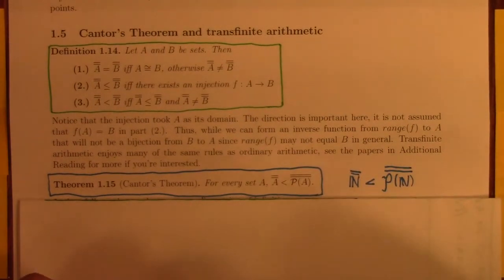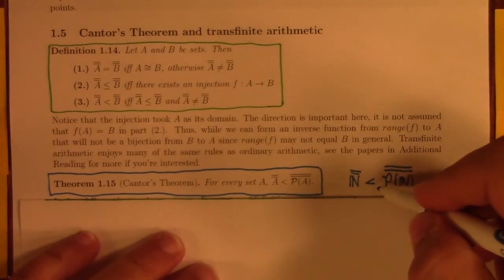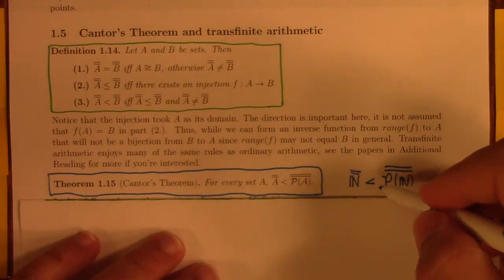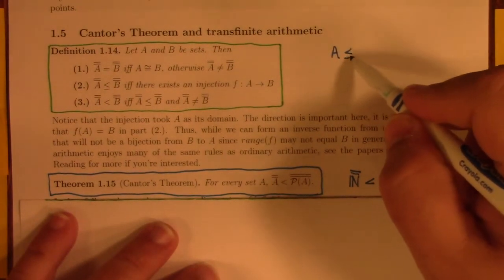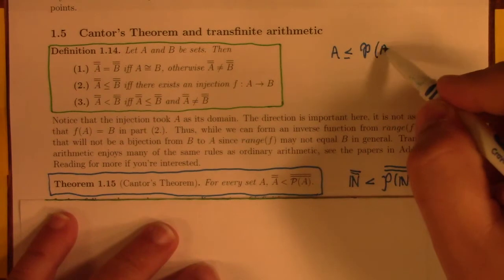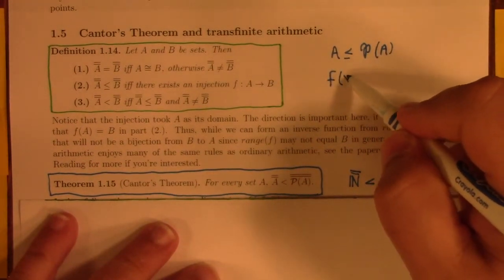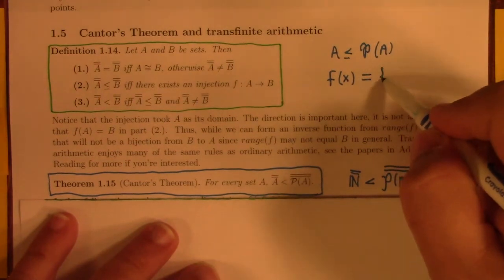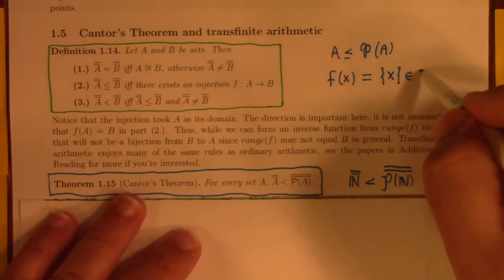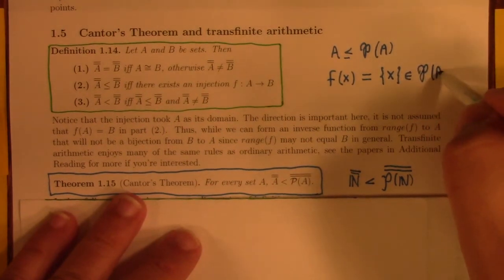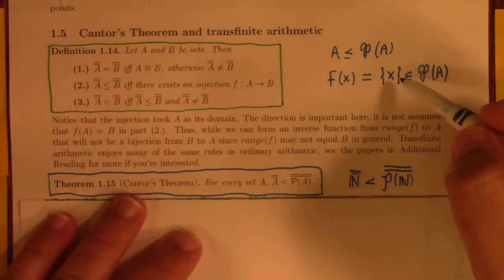So the fact that it's less than or equal to, that's pretty easy, right? If you have a set A and you want to show that A is less than or equal to the power set of A, you could just use the following map. You could say F of X is equal to the set containing X, right? That is definitely an element of the power set of A. And it's easy to prove that that mapping is an injection.